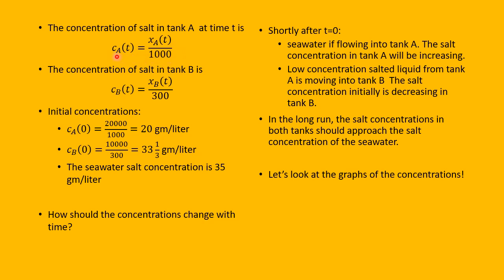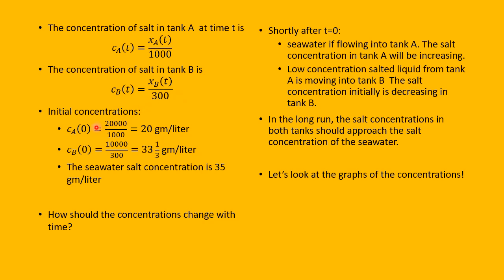So C sub A of t is x sub A of t divided by 1,000. Similarly, the concentration of salt in tank B at time t is the amount of salt in grams in tank B at time t divided by the 300 liters of fluid in that tank.